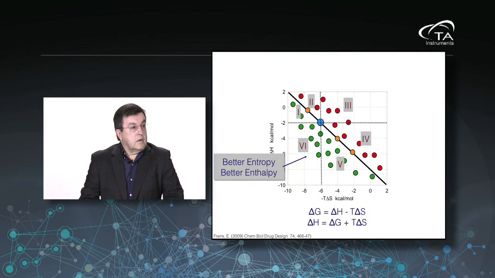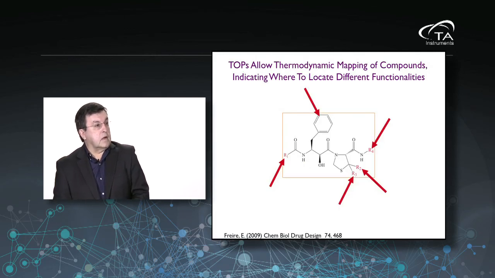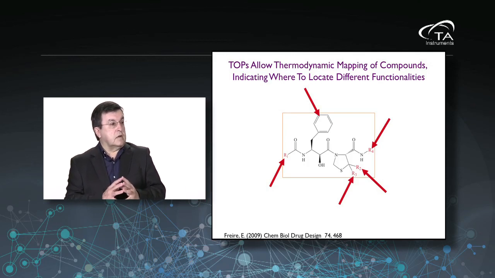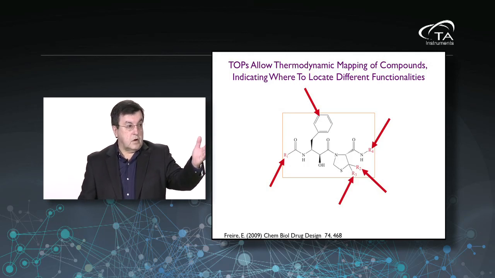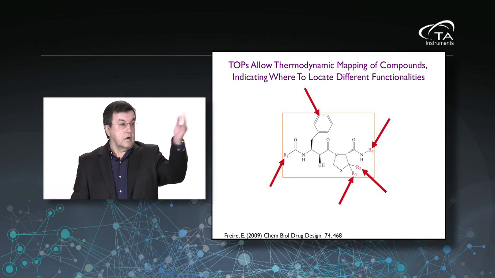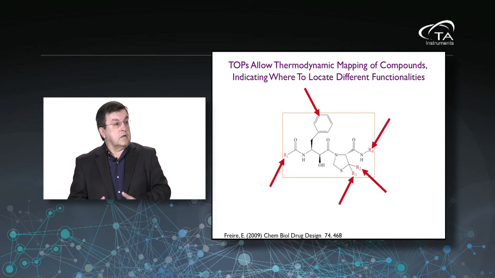So with that in hand, what we are able to do is map a compound or a scaffold and know exactly the type of functionalities that correspond to each region of the molecule. So where polar groups should go, where non-polar groups should go, where polar groups should be avoided because they are going to cause a penalty only, et cetera, et cetera.